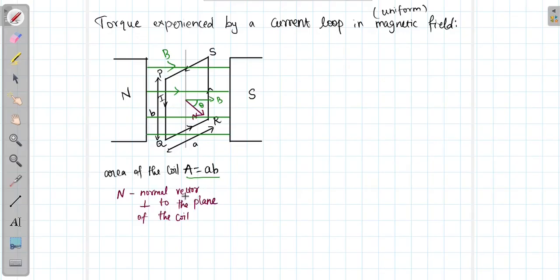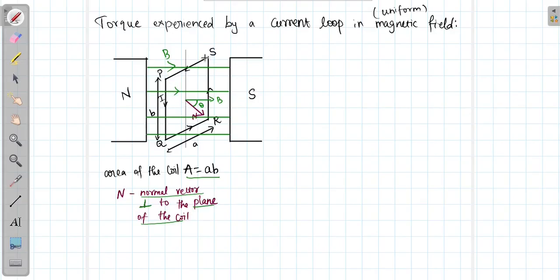Normal and plane are at 90 degrees. Sometimes they confuse it with the plane of the coil. The plane of the coil is not the normal vector; they have an angle of 90 degrees.